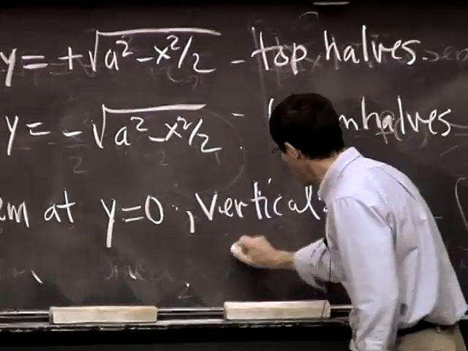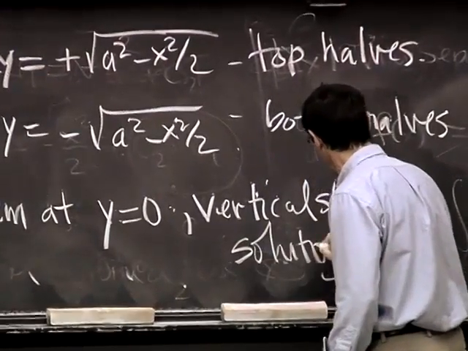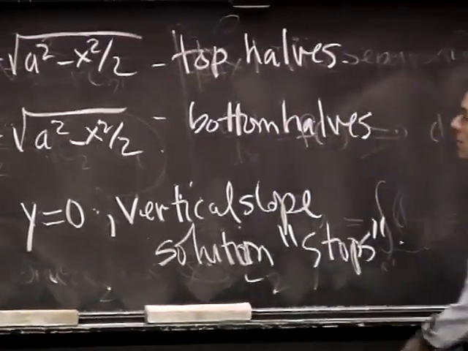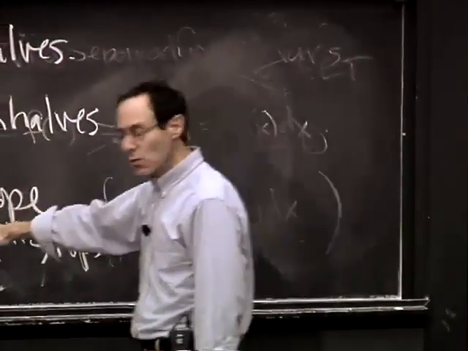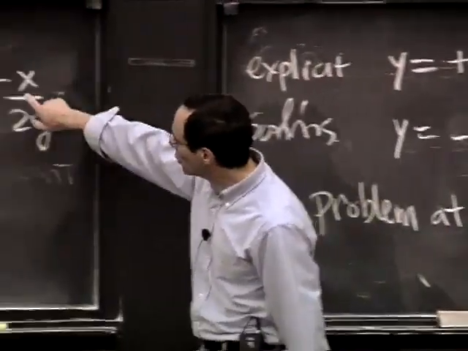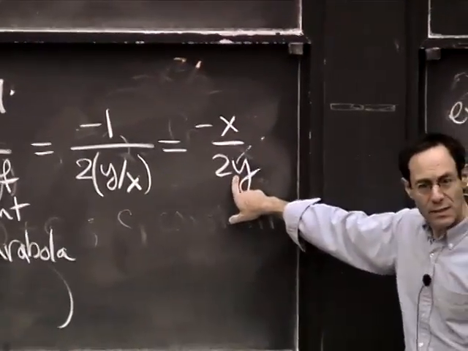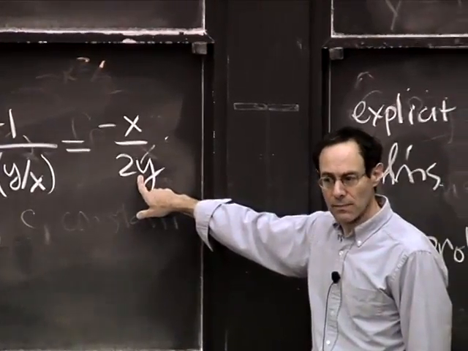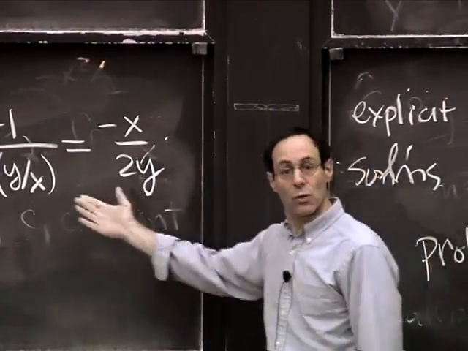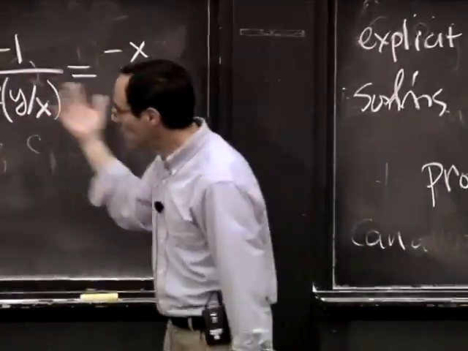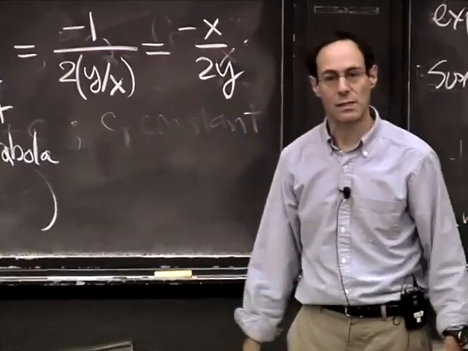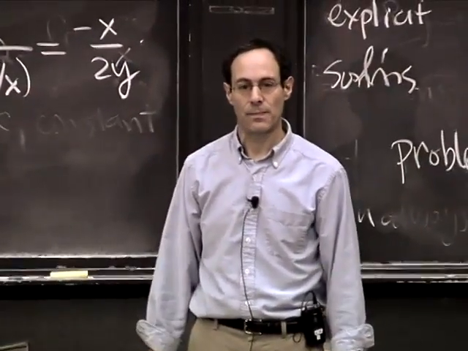And the solution stops. But really, that's not so unreasonable. After all, look at the formula. There was a y in the denominator here. When y is equal to 0, the slope should be infinite. And so this equation is just giving us what it geometrically and intuitively should be giving us at that stage.